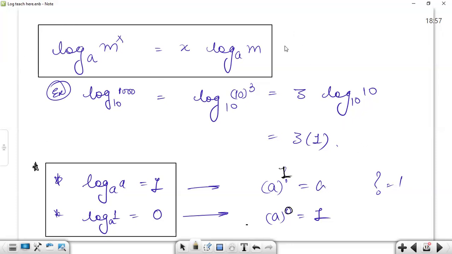And there's one more property: logarithm of m raised to power x. And if there is a power on the base also, then what we'll do is multiply the power of this, and it gets divided by the power of the base. Now it is presented as logarithm of m to the base a.